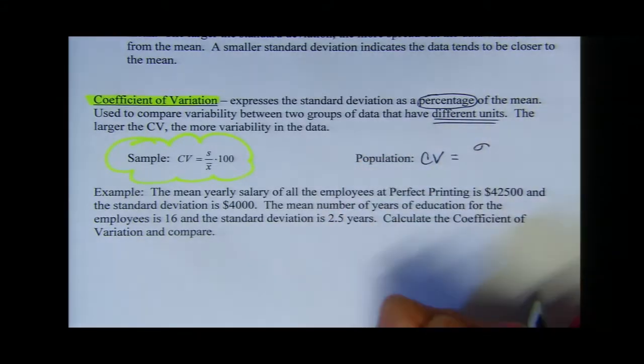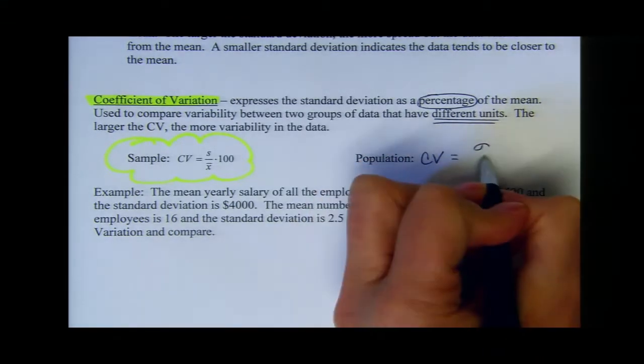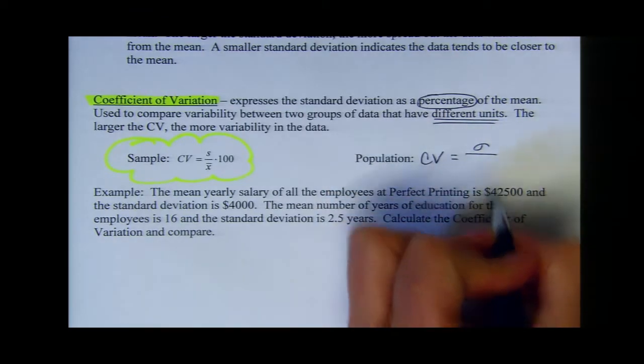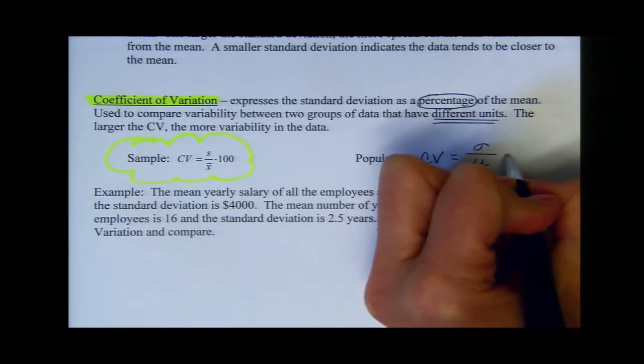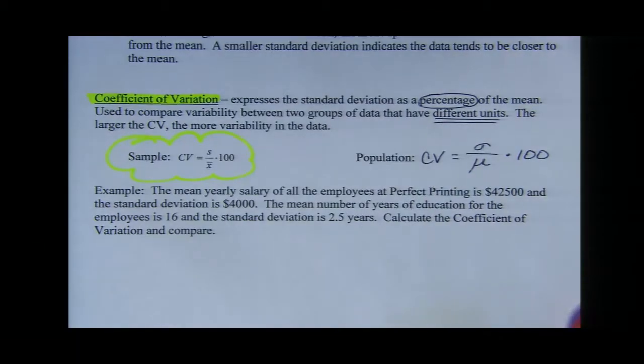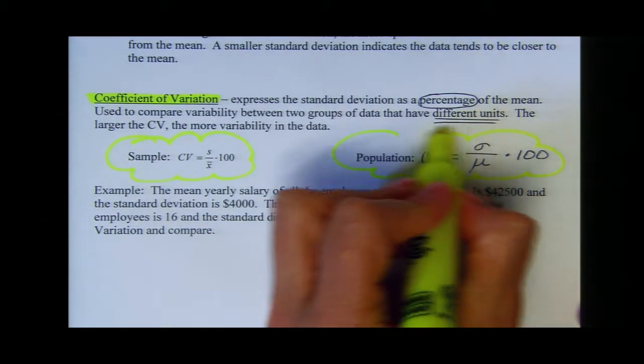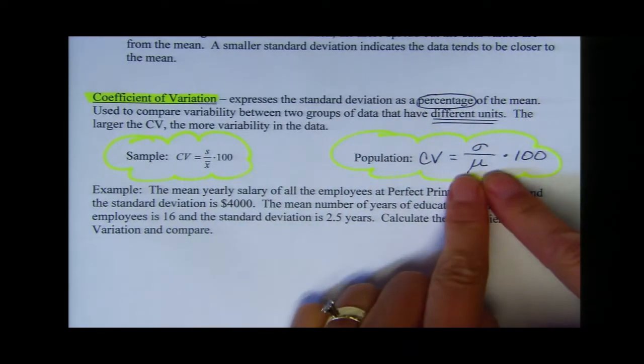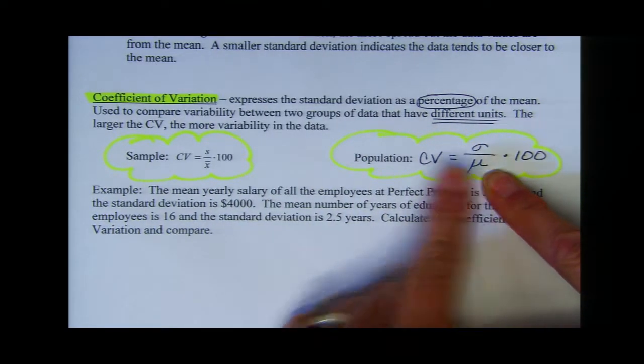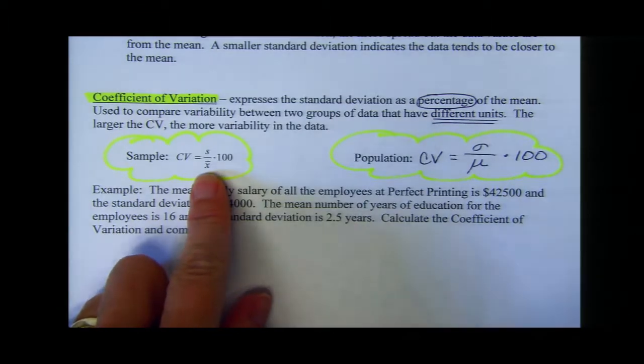It's just now we're talking about sigma divided by the mean, which is mu, times 100. So they're in essence the same formula. It's just if you look at the formula, this one uses population parameter symbols, this one uses sample statistic symbols.